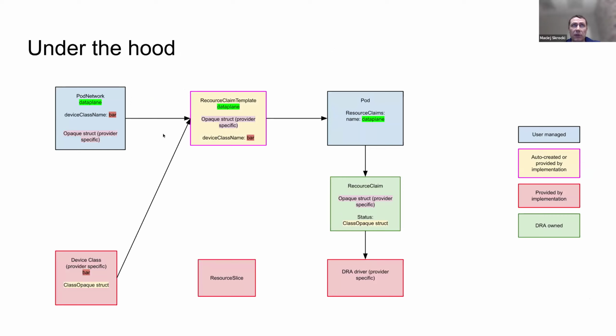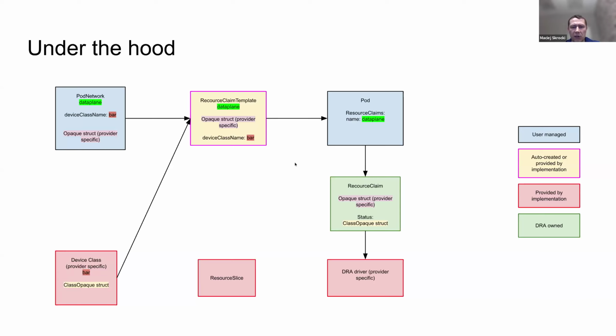This is the auto-created object under the hood by our controller, based on the pod network, with opinionated options set in it, so that we are hiding some of the specific features of the array. We want to make sure it's simple from the multi-networking point of view: how to configure your pod network and then leverage it in the pod.